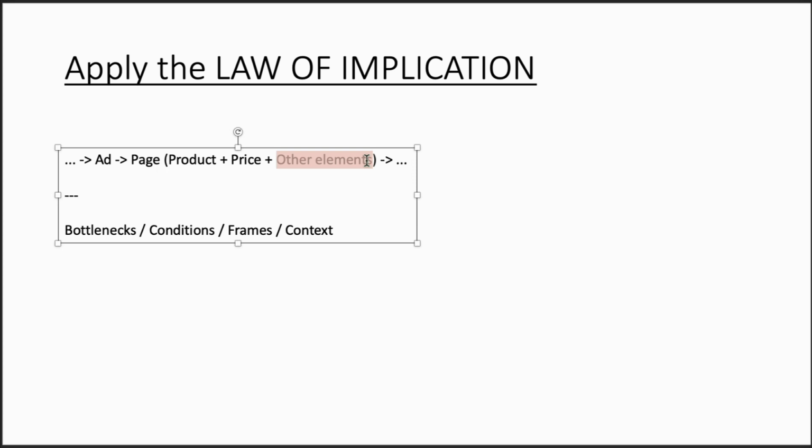One significant context within the product page is not necessarily the structure, like the headline is here, the description is here, the buttons are here. No, that's insignificant. The significant things are frames such as: does the page communicate that the seller is trustworthy?